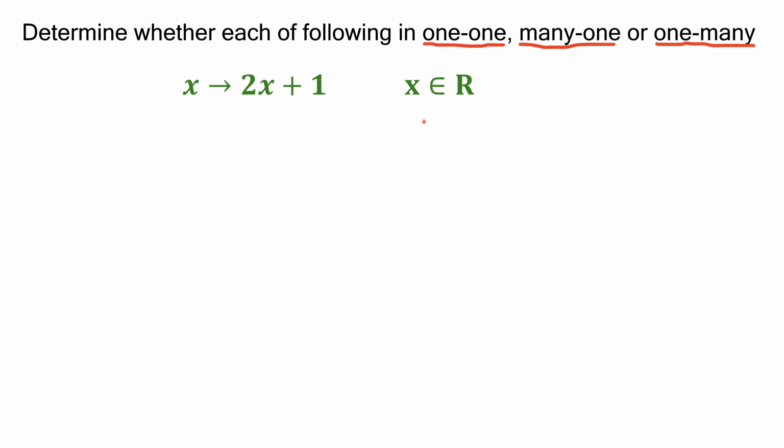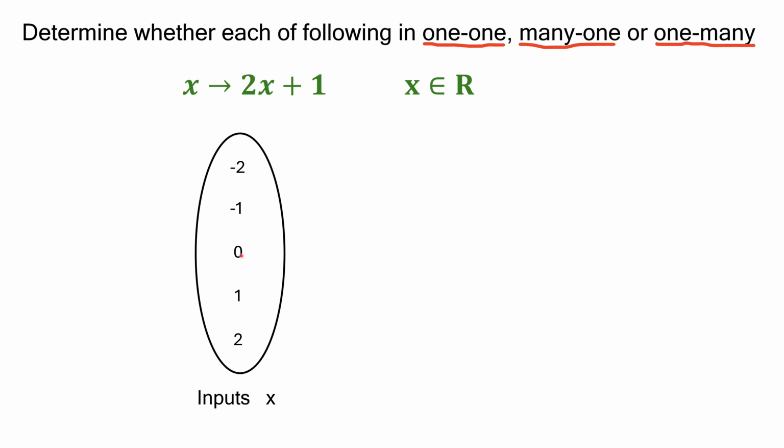It is also given x belongs to R. This means x is a real number. Let's try to solve this. We will select a few inputs from R. We can select a few negative and a few positive real numbers. So I have selected -2, -1, 0, 1, 2. These are real numbers. You can select other few negative, few positive real numbers.